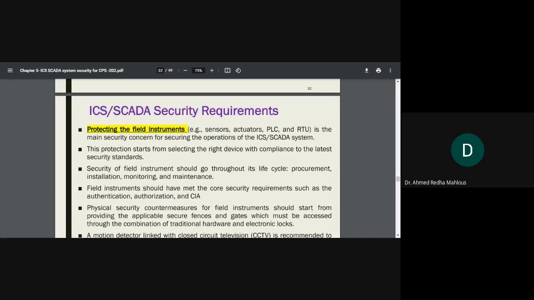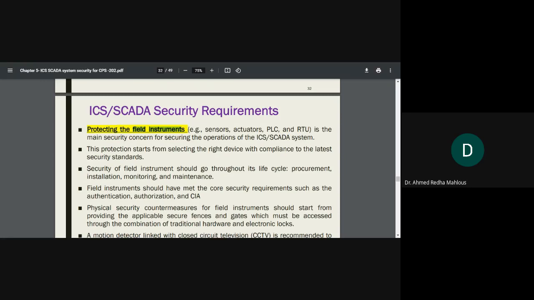Now, how can we secure those field instruments? The security starts from selecting the right device. When you set up your ICS SCADA system and go to purchase, for instance, actuators or sensors, you need to choose the appropriate ones that are compliant with the latest security standard.